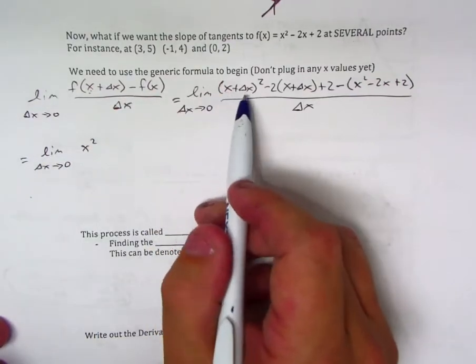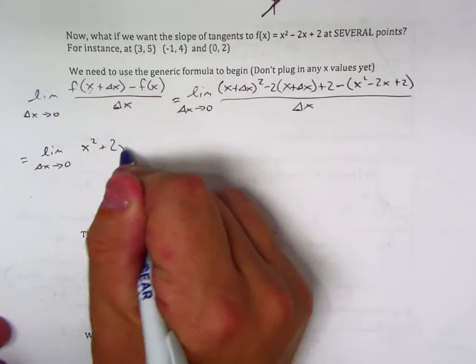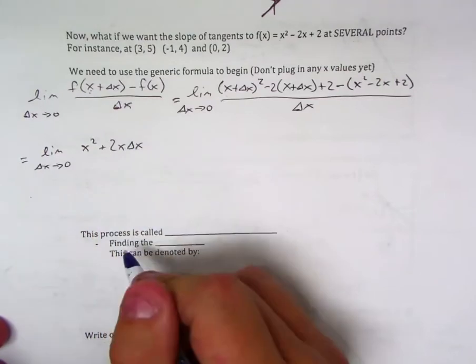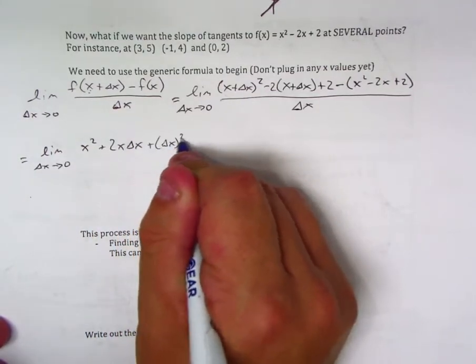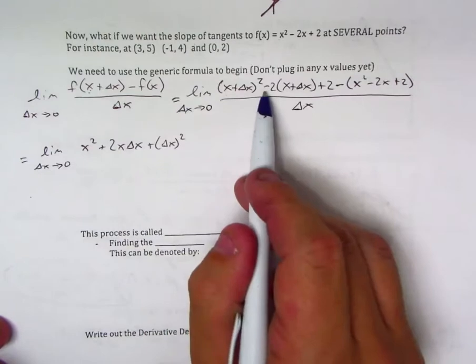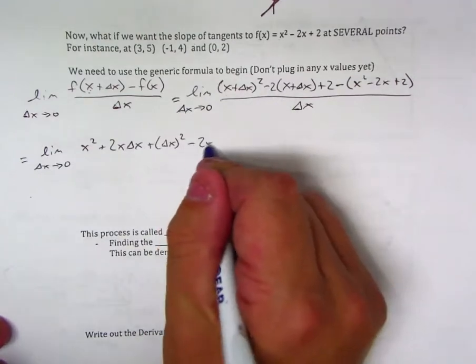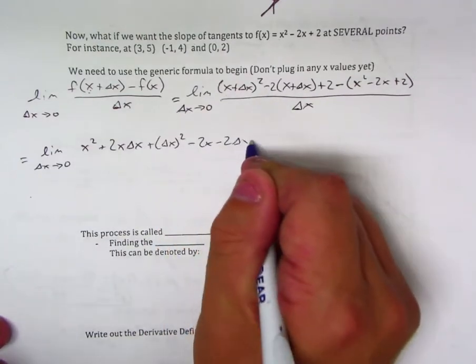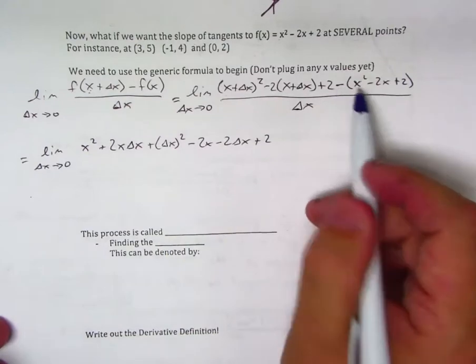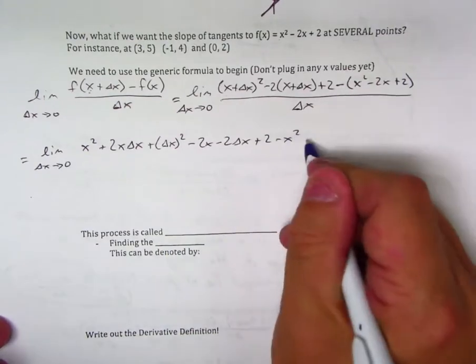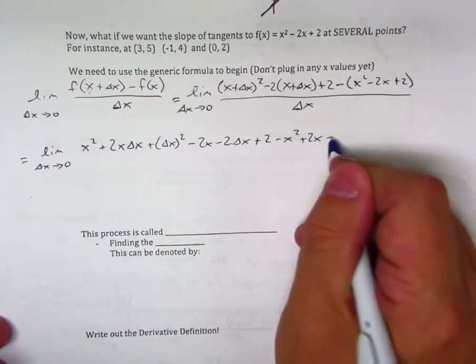So x times delta x and double it, so 2x delta x. And then square the second term. Let's distribute the negative 2, so minus 2x minus 2 delta x plus 2. And then let's distribute the negative here. So minus x squared plus 2x minus 2.